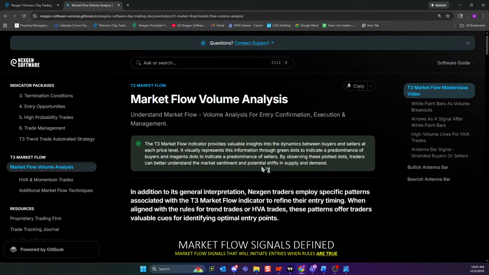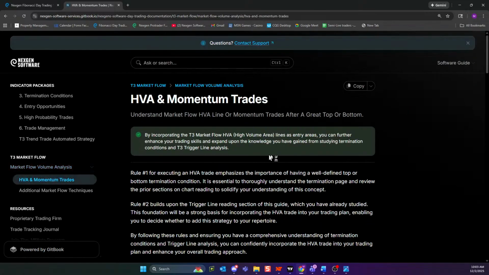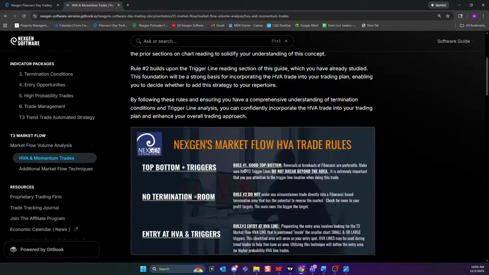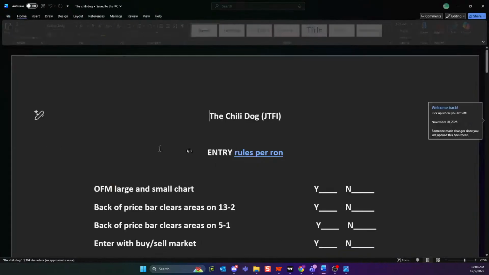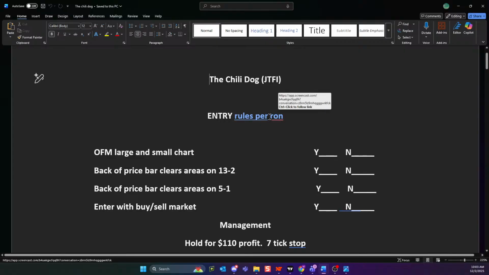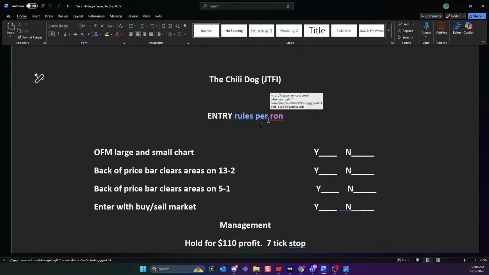But there's also market flow, and there are HVA trades, and there are momentum trades. And thanks to Ron C., there's even a chili dog trade that was made up by a Nexgen person and shared in the room because it's so damn effective.